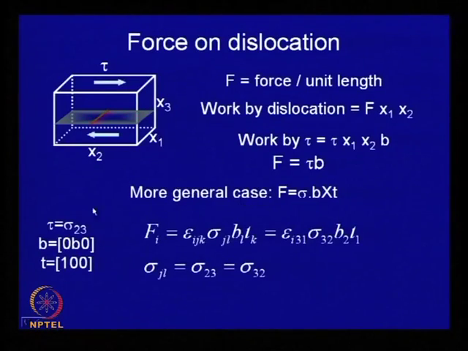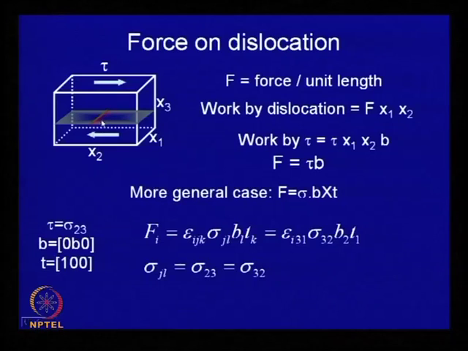Now, in this particular case, what is tau? Tau is the shear stress acting on the plane which is intersecting the x 3 axis, acting along the direction x 2. So, therefore, tau is represented as sigma 2 3, whereas here the dislocation is aligned along x 1.